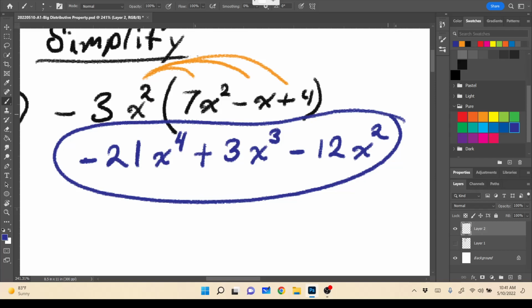It is a 4th degree trinomial. How did we get that? Because of that 4 right there. So it's based on the exponent, whatever the biggest exponent is.